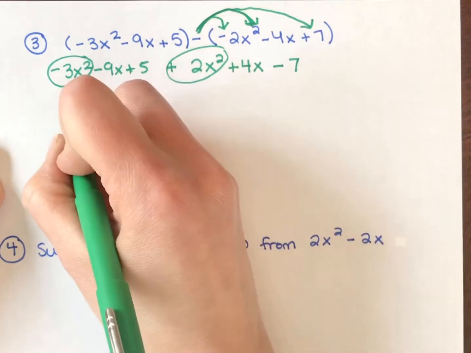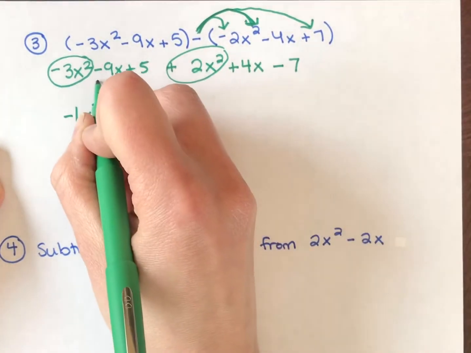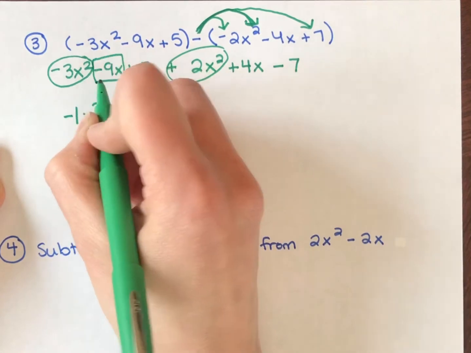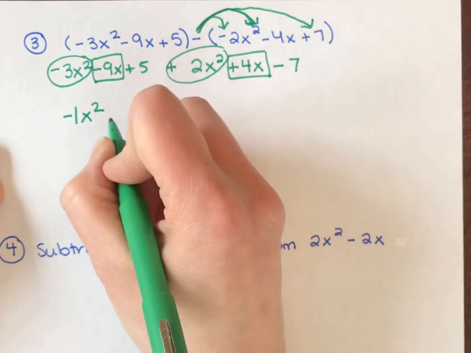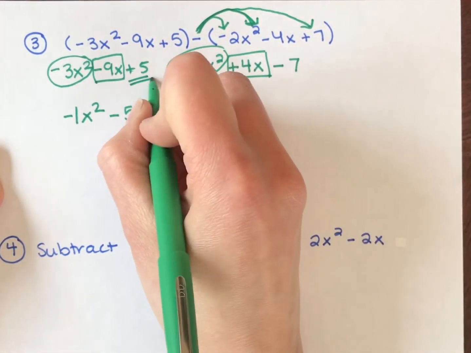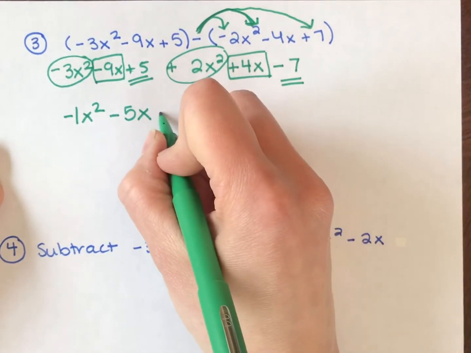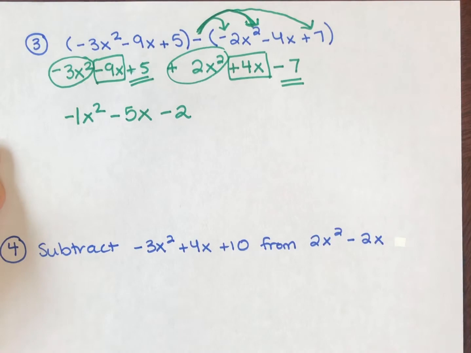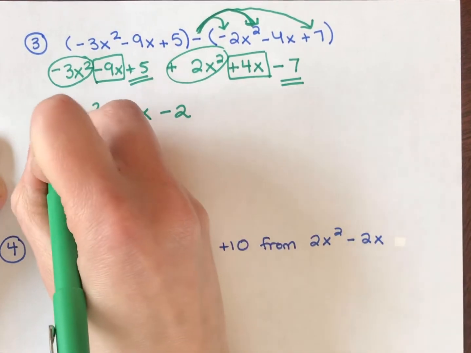Negative 3 plus 2 is a negative 1x to the second. I have a negative 9x plus 4x. Negative 9 plus 4 is negative 5x. Then I have a plus 5 and a minus 7. 5 minus 7 is a negative 2. This is in standard form: negative 1x to the second minus 5x minus 2.